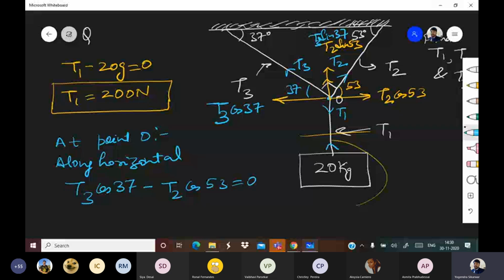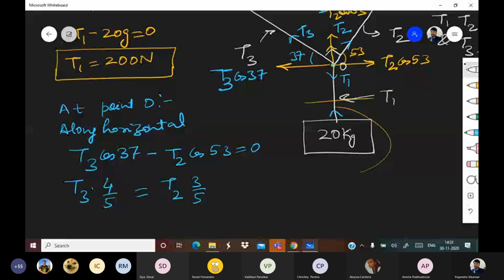So T3 into cos 37, which is 4 by 5, is equal to T2 into cos 53, which is 3 by 5, and that gives us 4T3 is equal to 3T2. So this is one equation which we have got.